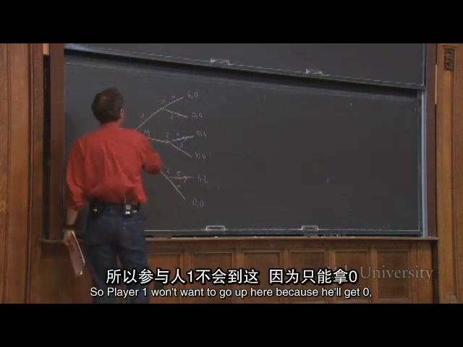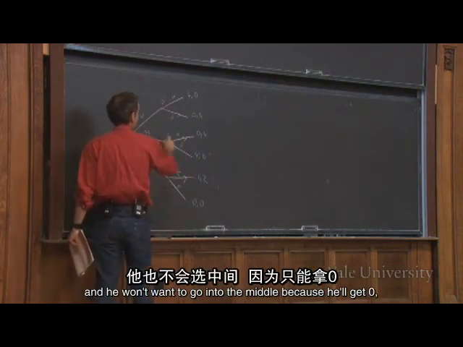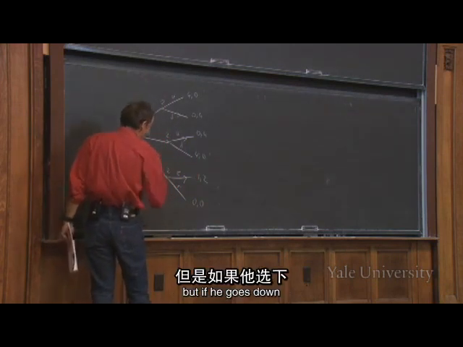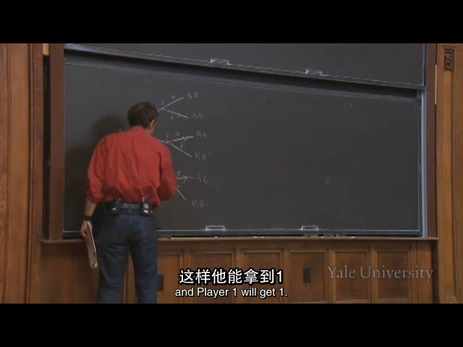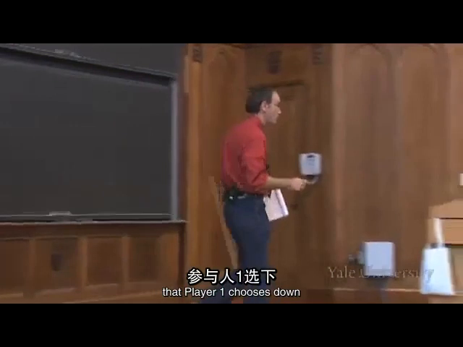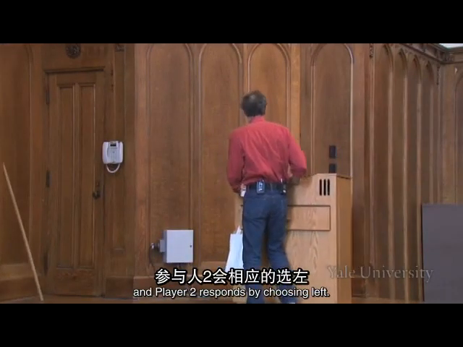So player 1 won't want to go up because he'll get 0, and he won't want to go into the middle because he'll get 0. But if he goes down, player 2 will choose left, and player 1 will get 1. So player 1 will choose down. Backward induction predicts that player 1 chooses down, and player 2 responds by choosing left.